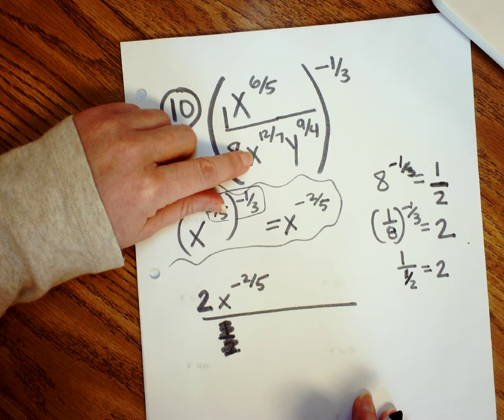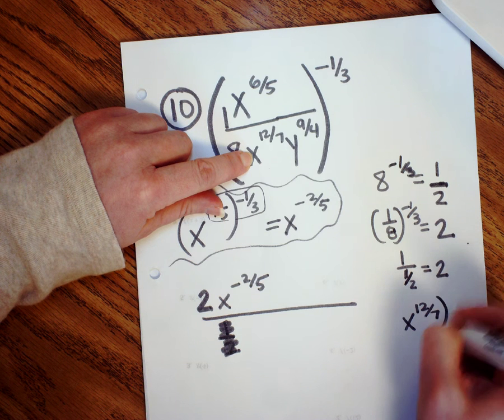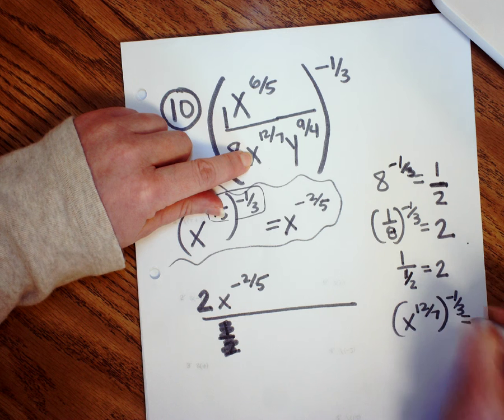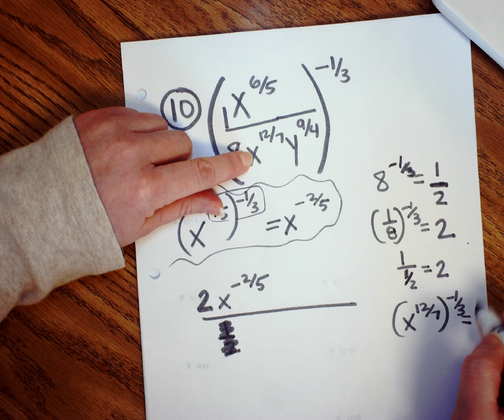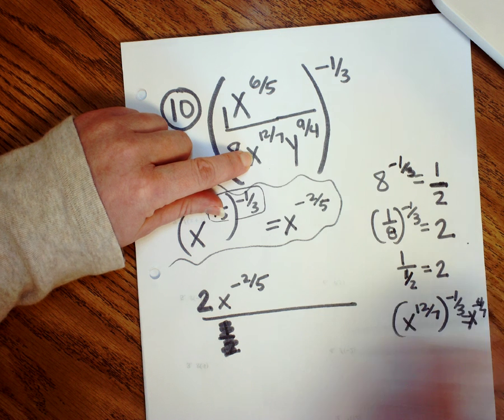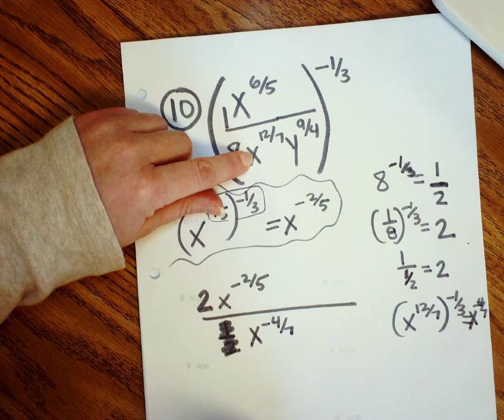On the bottom, I've got x to the 12/7 raised to the -1/3. And 12/7 times -1/3, again multiplying, is x to the -4/7. And that's what's going to go on bottom.